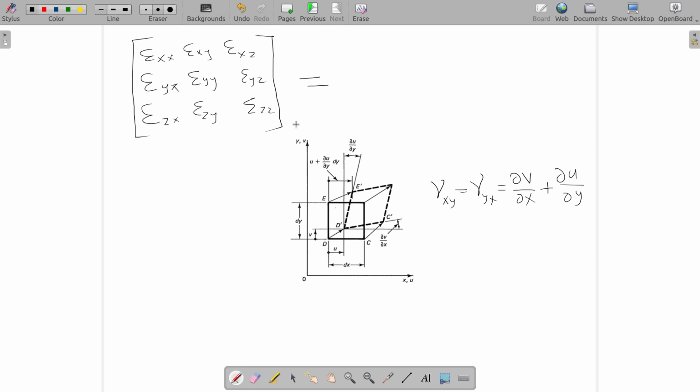The average of these two quantities will be used here in this strain tensor.